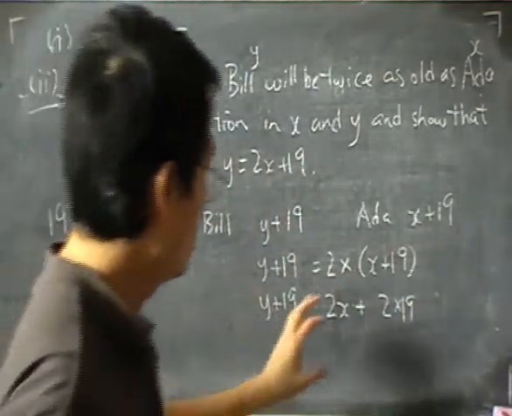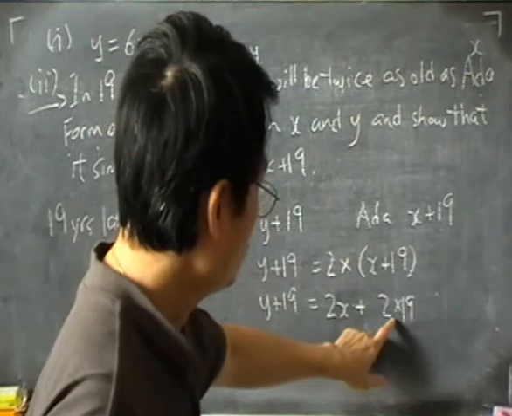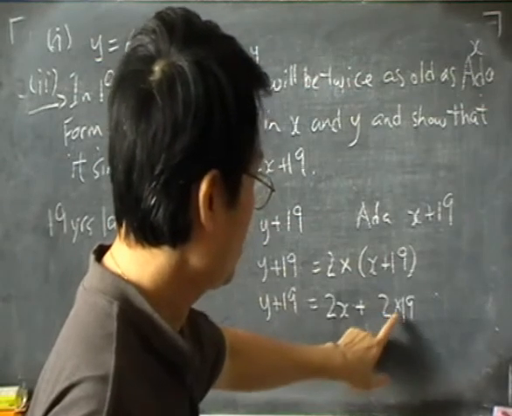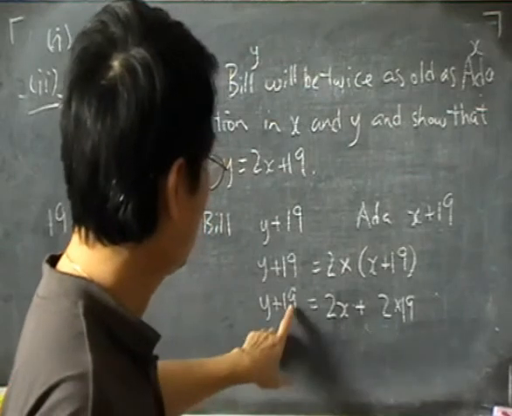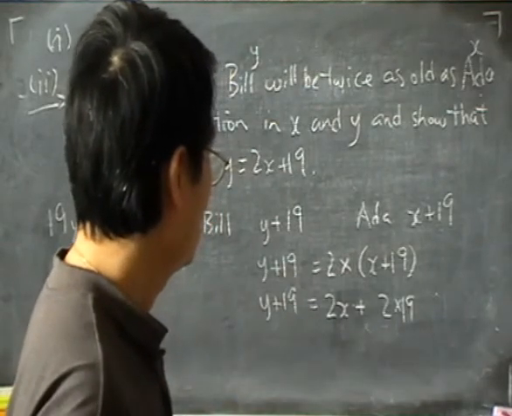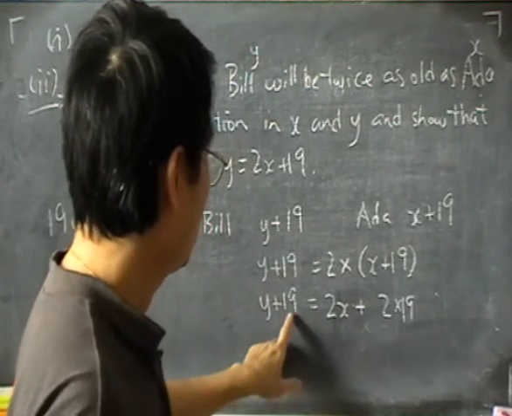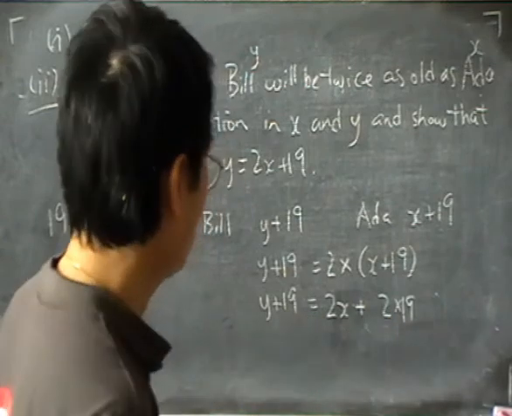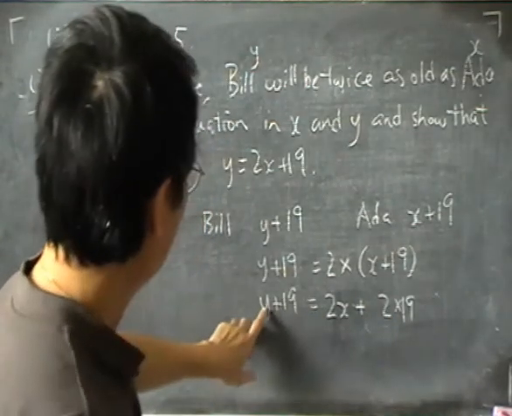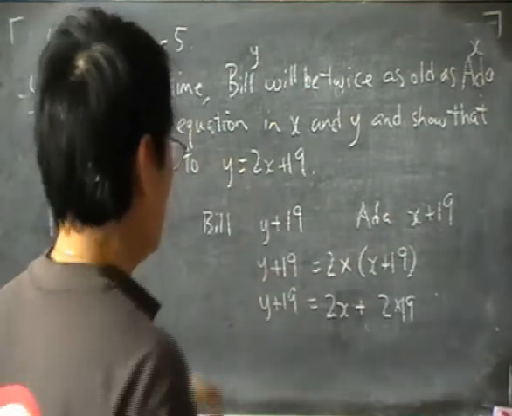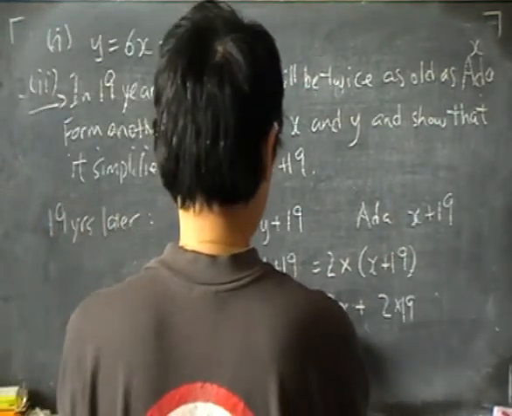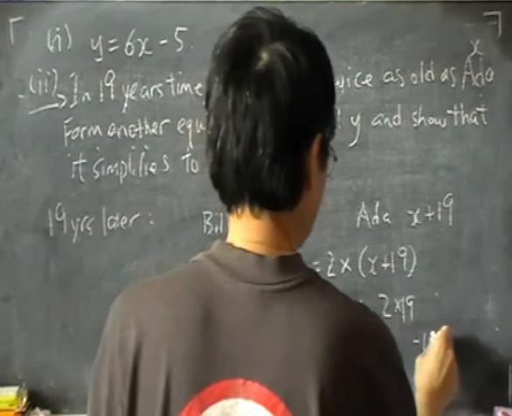Now, I do not multiply the 2 by 19 yet, because I notice that I have a 19 on the other side. It might be easier if I just leave it as 2 times 19, because now I want to make y the subject. I just have y on one side, and I can do that if I minus 19 from both sides.